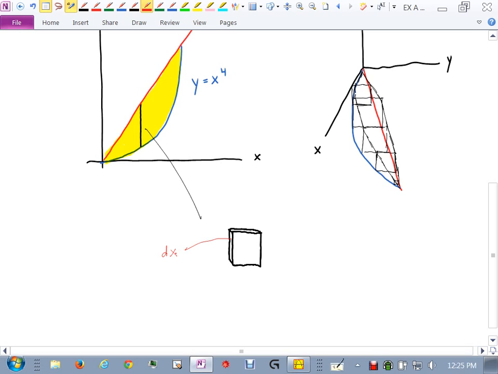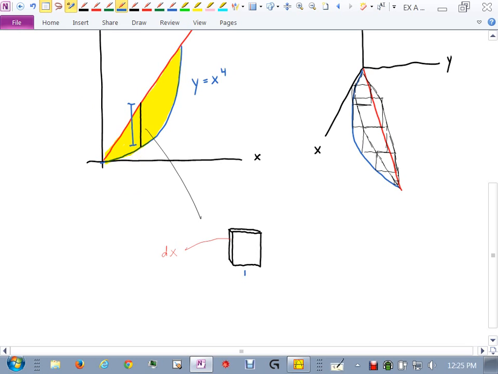It's a square, so all these sides are the same, but what is the length of one of the sides? Yeah, what's this length right here? What's that distance? It's the upper function, right, which in this case is x. Take away the bottom one, x to the fourth.